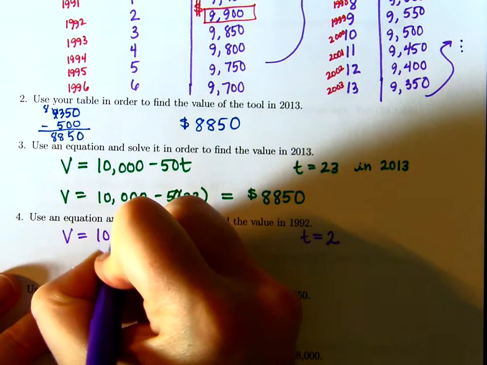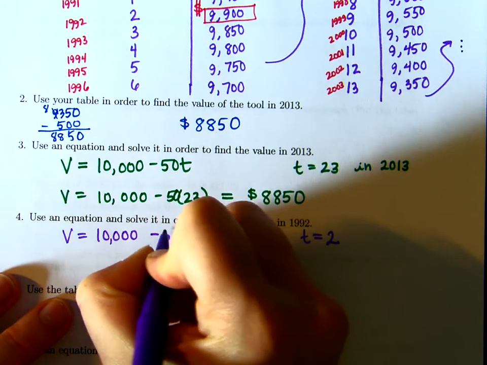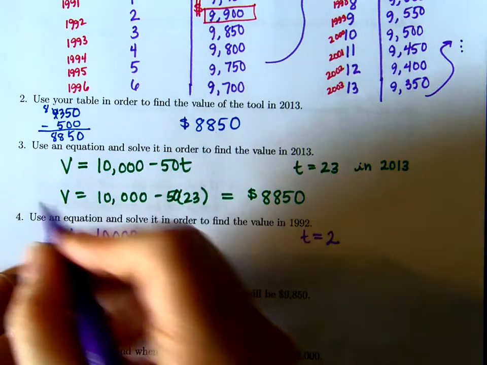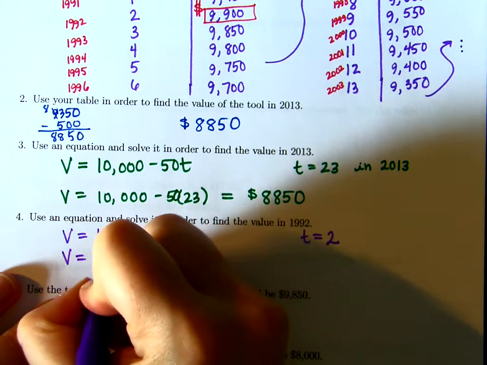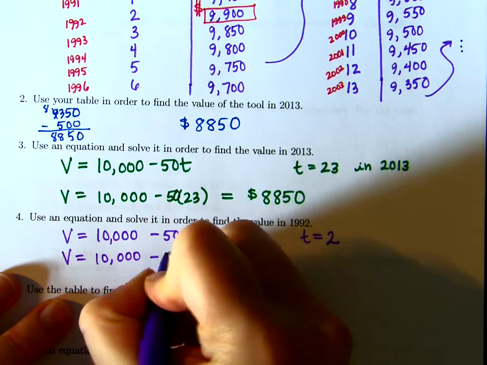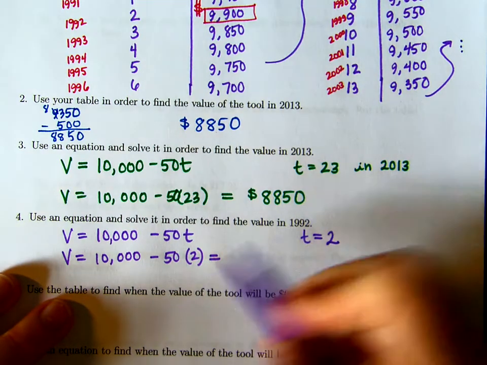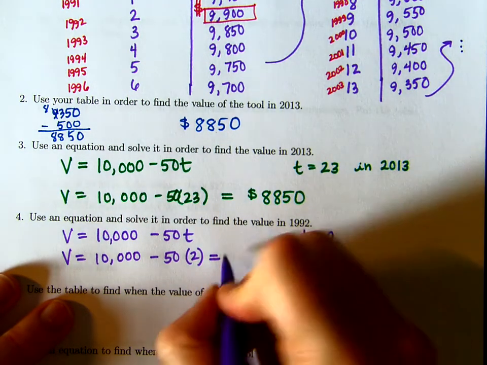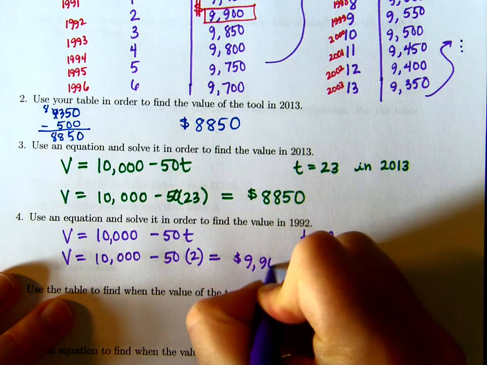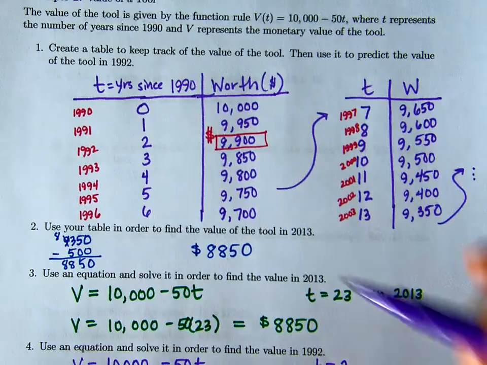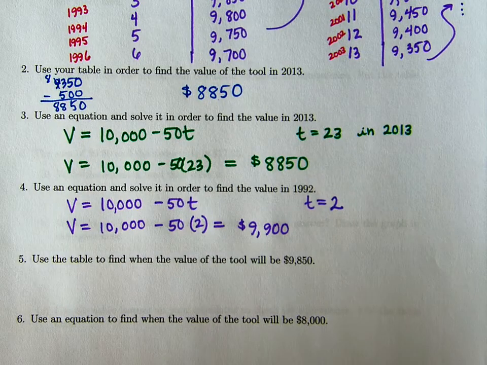V is 10 grand, take away 50 T times. So V is 10 grand, take away 50 times 2, and so that's $100. So the value is $9,900 in 1992, which also goes along with our table.